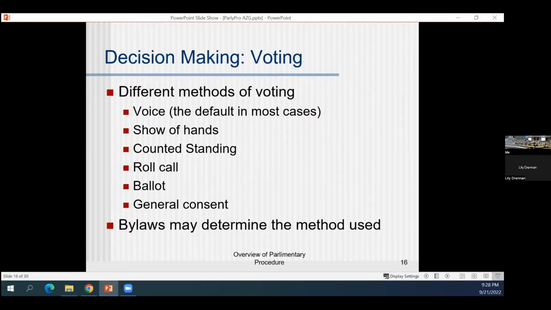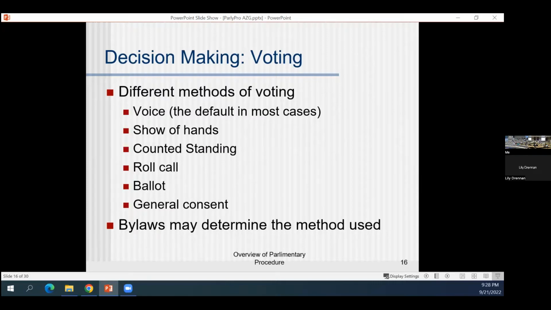Next would be a show of hands. This can be used if the voice vote sounds very balanced. The chair says, I'm not sure what happened. Everyone raise their hand, which makes it a little bit easier to determine what the vote is.